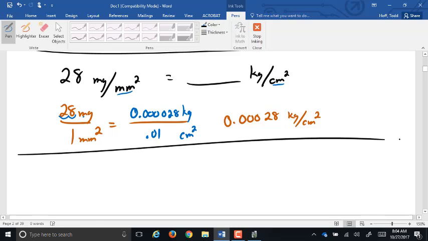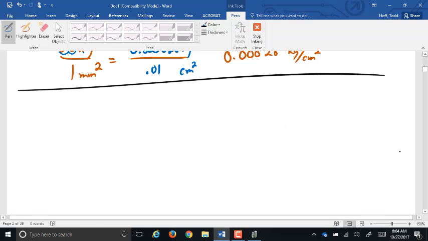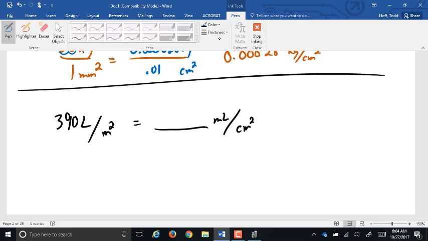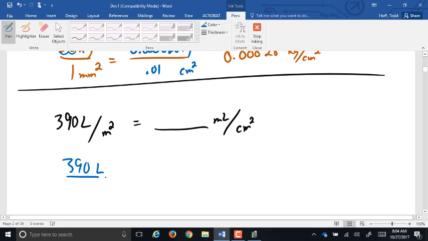Let's look at some that are not quite as extreme. Let's look at 390 liters per square meter. Let's go milliliters per square centimeter. So 390 liters per 1 square meter.